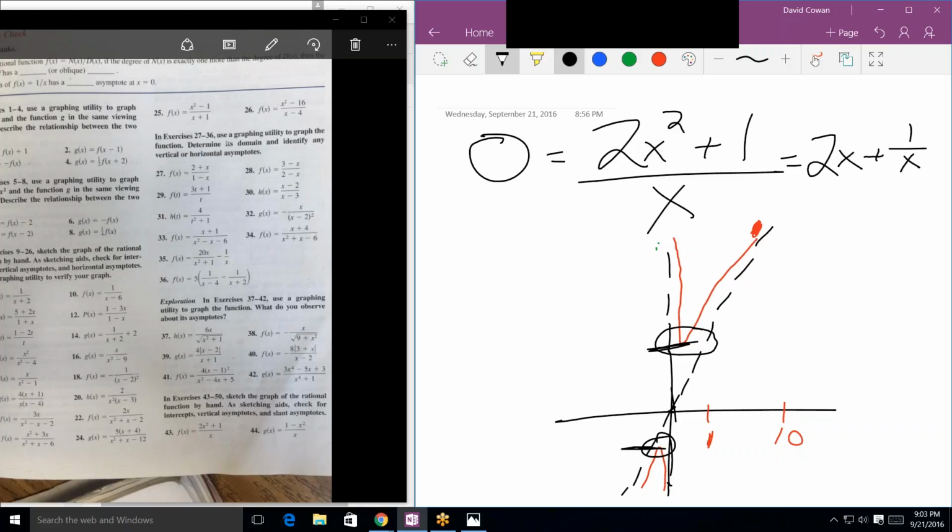Now, it doesn't ask you to do any of that. It asks you to just graph it, but part of graphing it is knowing where that number is right there. In other words, I graphed it approximately, but I didn't graph it exact because I don't know what the y value is. I have no way of figuring it out. I don't know what the x value is right there.